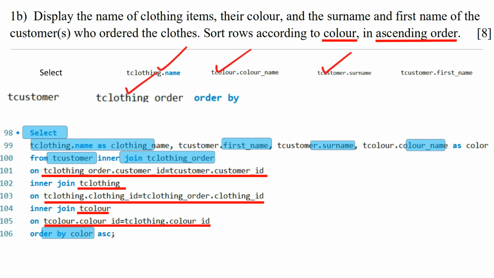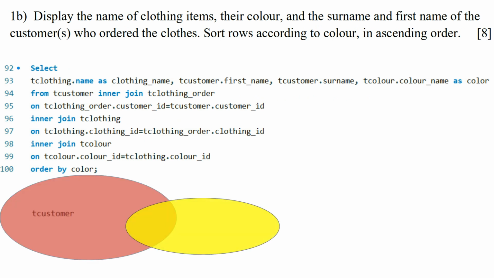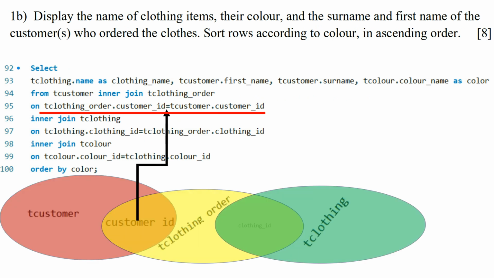So this is how you write the query. It's key to know which words are necessary for the generation of a MySQL statement. So I hope I have made this simple for somebody to understand. Now let's look at it again. Here are the links, the intersections.